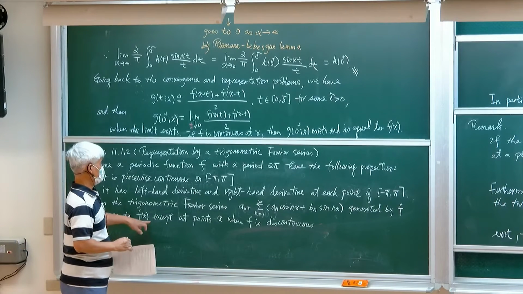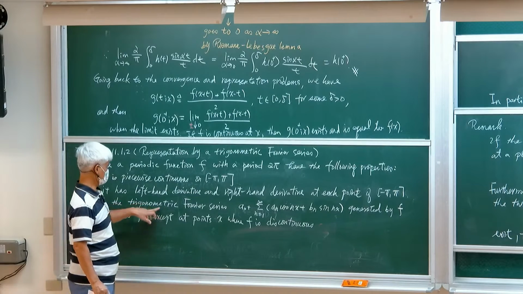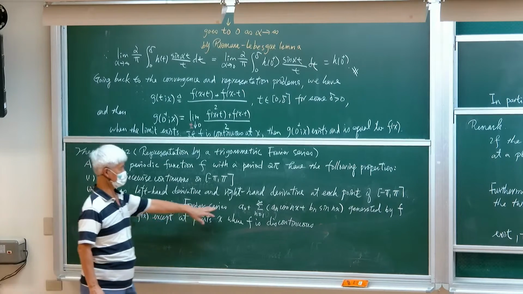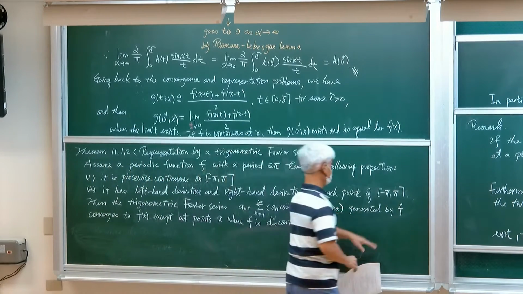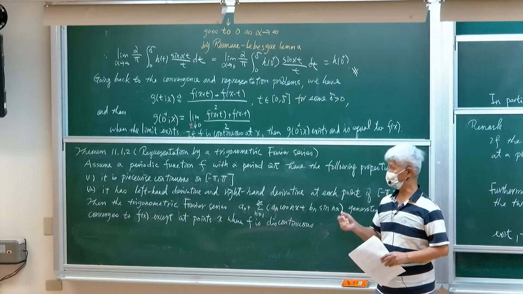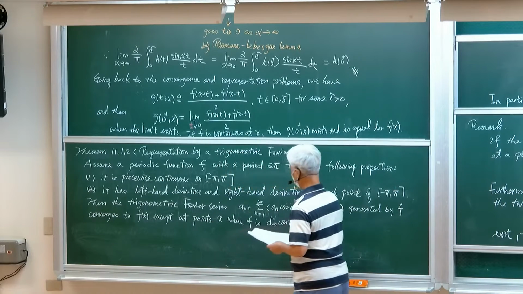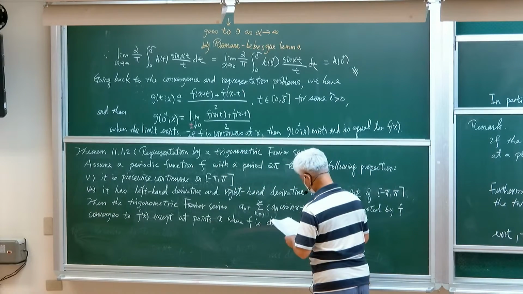So this trigonometric Fourier series generated by f will converge to f of x. So that is the representation theorem, except at points x where f is discontinuous.